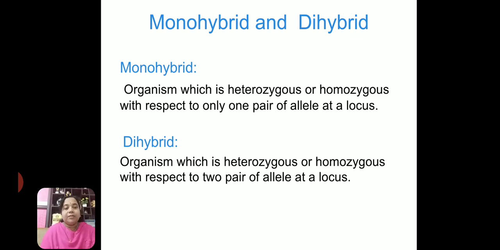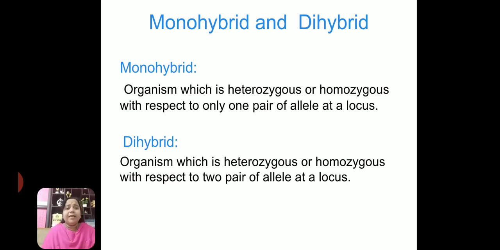If we focus on one pair of alleles at a locus and talk only about the character determined by that one pair of alleles, and that organism may be either heterozygous or homozygous, then such hybrids are known as monohybrid.